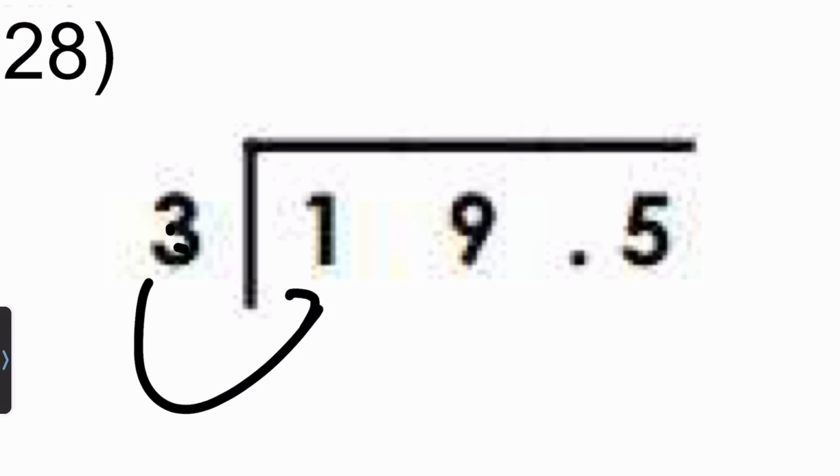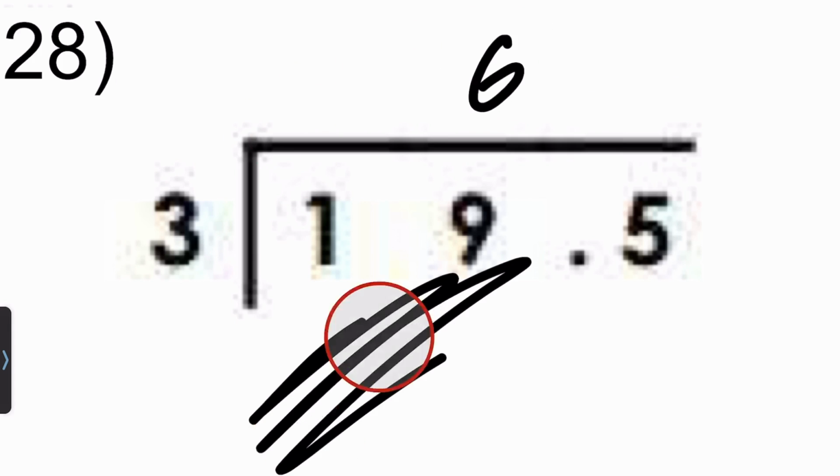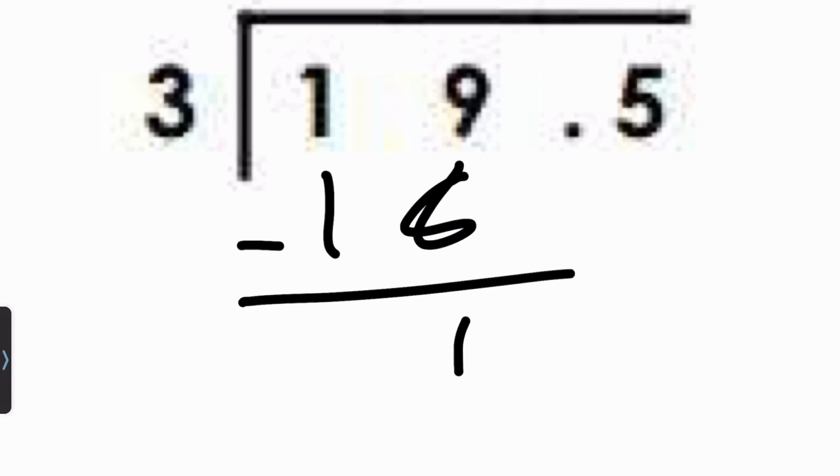So does 3 go into 1? Nope. So that's when you ask, does 3 go into 19? You don't have to put a 0 just yet. Does 3 go into 19? Yes. 6 times. 3 times 6 is 18. Minus it, you get 1.